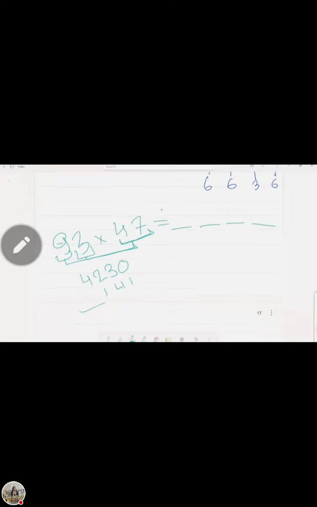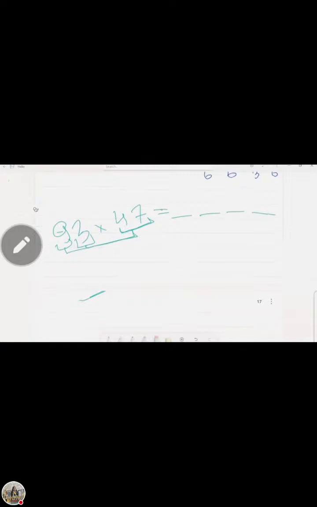Now I'll just tell you how I got this answer. Wait a minute. This is purely the concept of our 2 digit multiplied by 1 digit. So 9 4s are how much? 36. You know? And then 9 7s are how much? 63. That's 360 plus 63 is 423. 0.